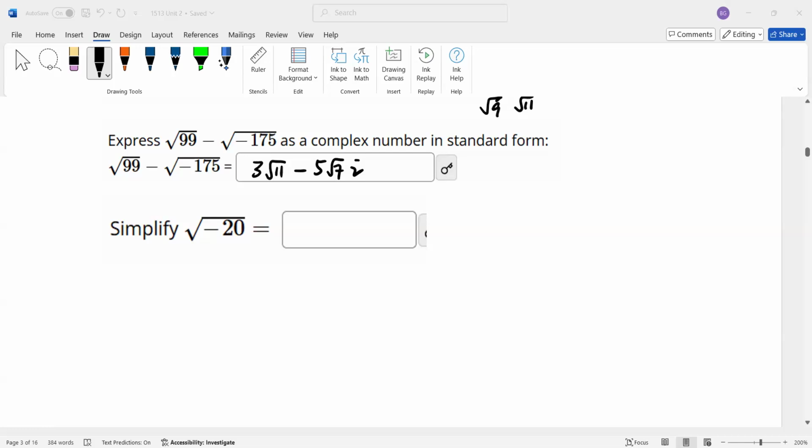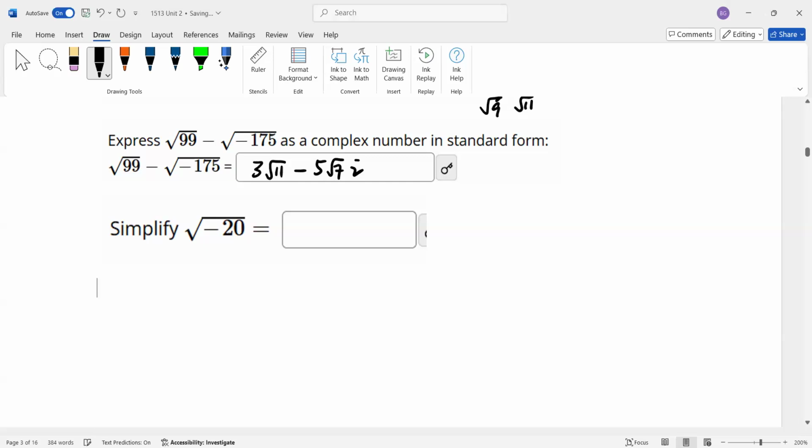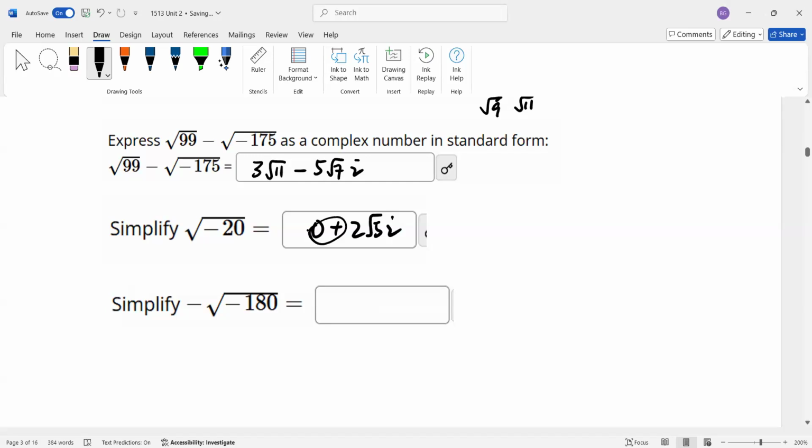Feel free to share your answer. Zero plus two square root of 5i. Perfect. Exactly. 0 plus 2 root 5i, right? I think you really don't have to have 0 here.